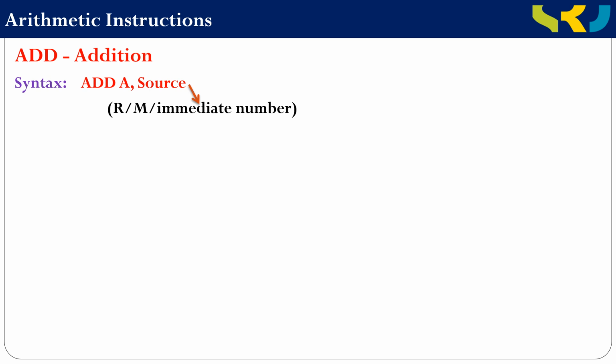So that's why the 8051 microcontroller is called an accumulator based microcontroller. Coming to the operation of this addition instruction, the addition instruction adds the accumulator contents with the source specified within the instruction, and the result is saved in accumulator and carry flag. Why do we use the carry?